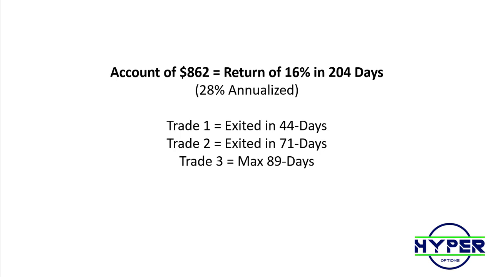Then trade number two actually exited in 71 days as opposed to 89 or 85. So that one exited about 2 weeks prior to the expiration. And then trade number three, there's a max hold period of 89 days.